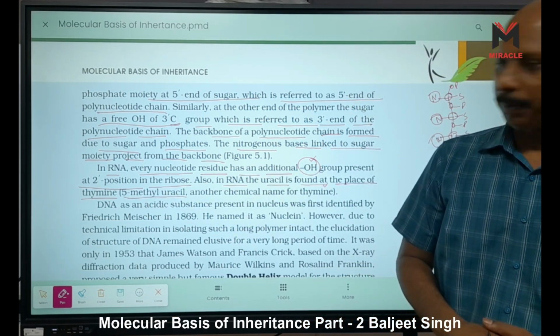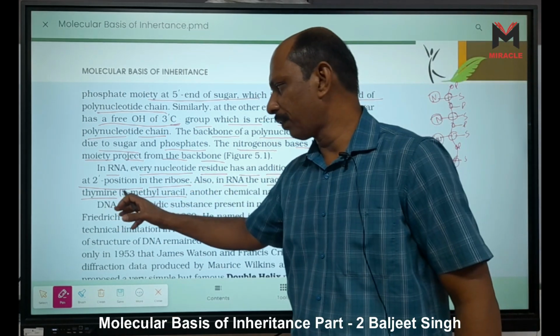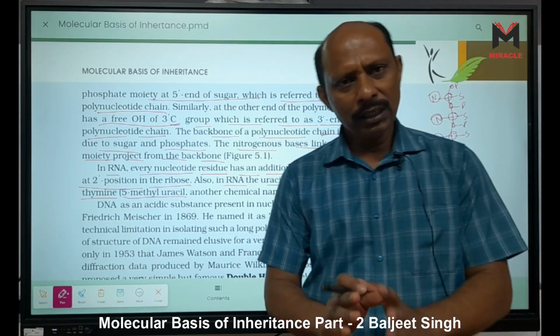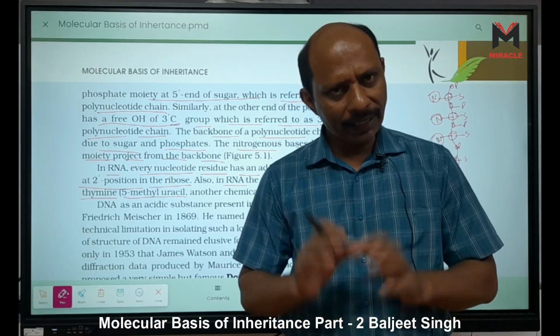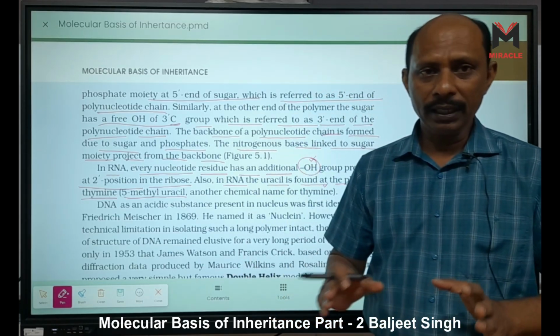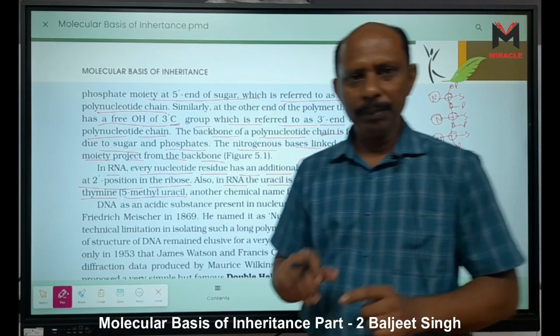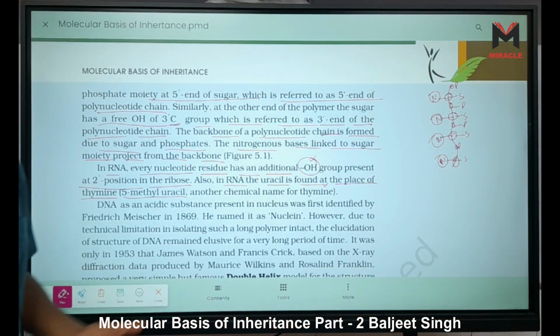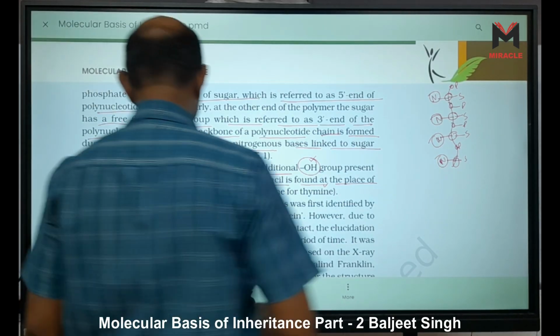CH3 means a methyl group is present, and this methyl group is present on the 5th carbon, so it is called 5-methyl uracil. In uracil, the CH3 group is absent, here only H is there, right? The 5th carbon contains only H, but in thymine the 5th carbon contains CH3.